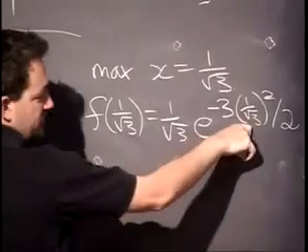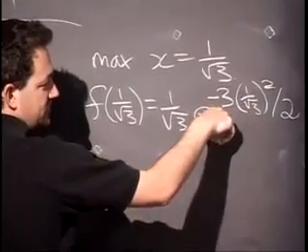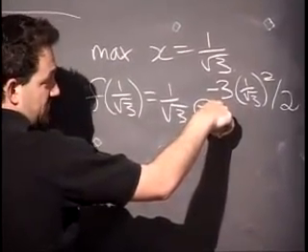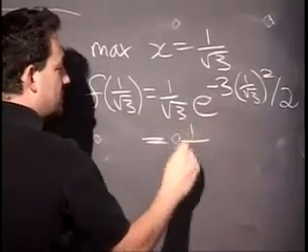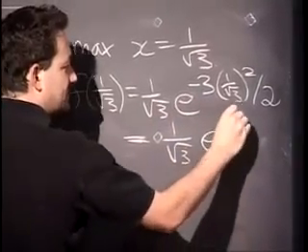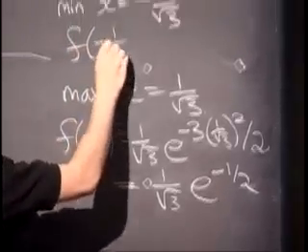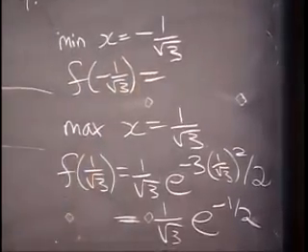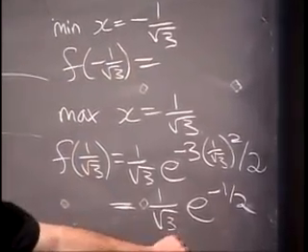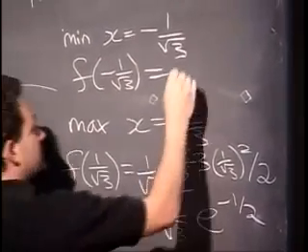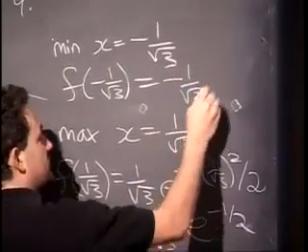And 1 over root 3 squared is a third. 3 times a third is 1. So this is 1 over root 3 e to the minus 1/2. How about f of minus 1 over root 3? Do not bother substituting. Just take this one and whack a minus sign in front of it. After all, the function is odd.